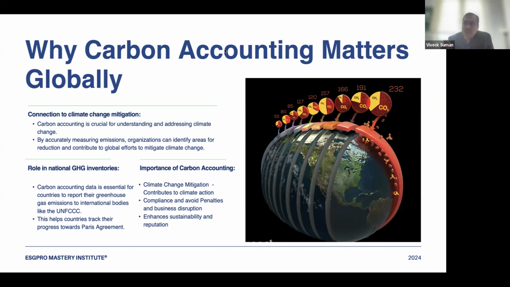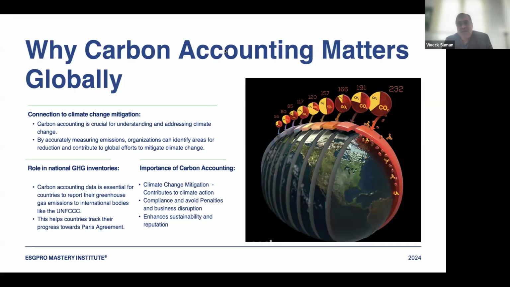That's why you need to identify the area which is, first of all, critical for you, and emitting carbon so much that it is disturbing the ecosystem. And third, where you think you can at least do some reduction or contribute to the global effort by mitigating climate change. Definitely you should record that area and place it in the public domain.